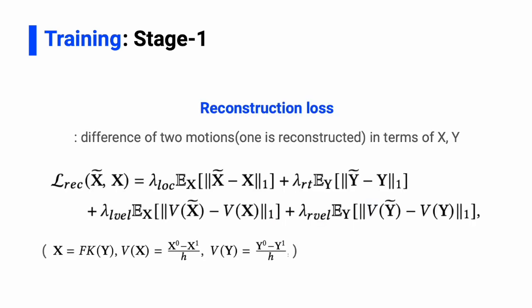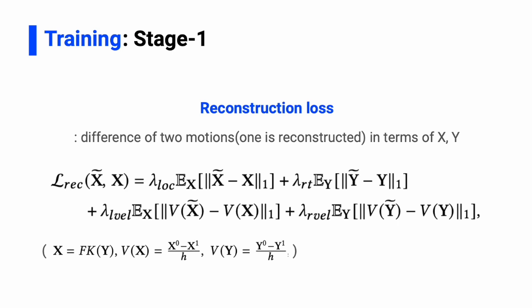To design identity and cycle consistency losses, the authors first defined the reconstruction loss. This loss computes difference of two motions in terms of x and y. One of the motions is reconstructed motion, and x equals forward kinematics of y, since we can calculate final position by using each joint's rotation and translation.